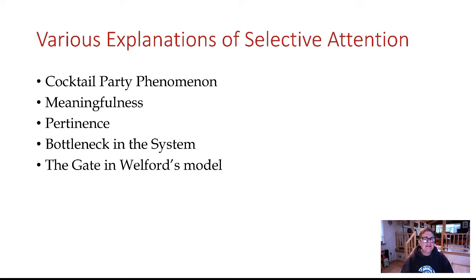So you really can't listen to both conversations simultaneously. If you think you can, what you're doing is sampling from each conversation, and that's giving you enough information to basically stay with the conversation.